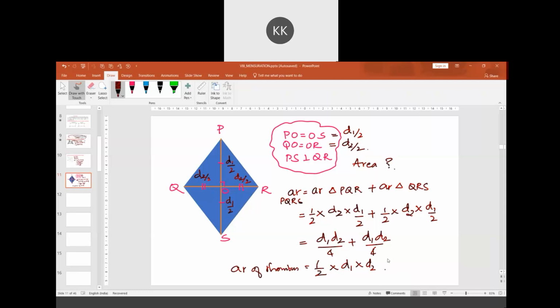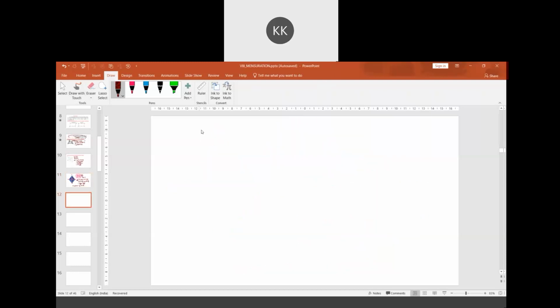When the two diagonals are known to you, area will be equal to half into product of the diagonals. Isn't it easy? If two of the diagonals are given, one of the diagonals is say 24 centimeter and another diagonal is 30 centimeter, what will be the area? 360 square centimeters.